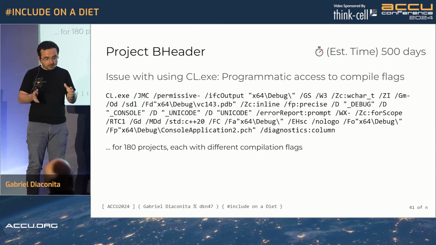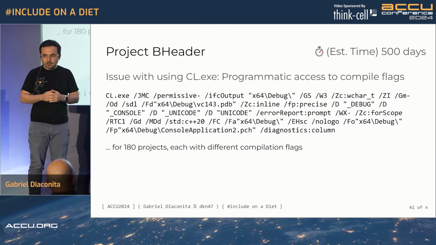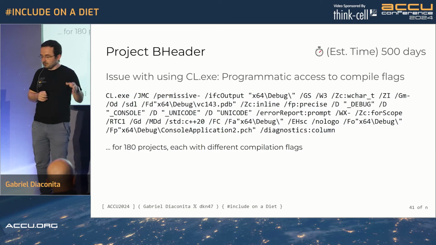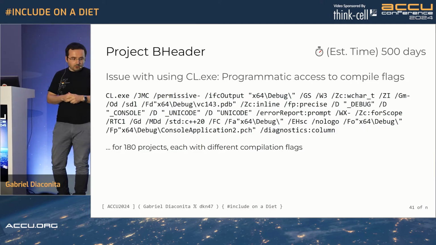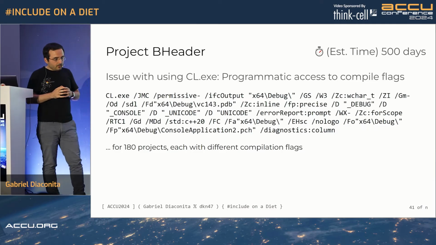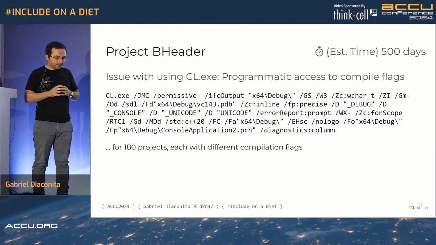But even though it is possible, it requires you to know all the compilation flags. You cannot call CL.exe and let it handle the compilation flags. Let's say I want to compile this file in the context of this project. You have to know everything. And we could not find a way to automate this task.